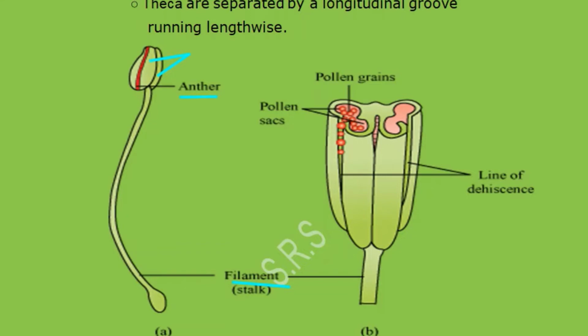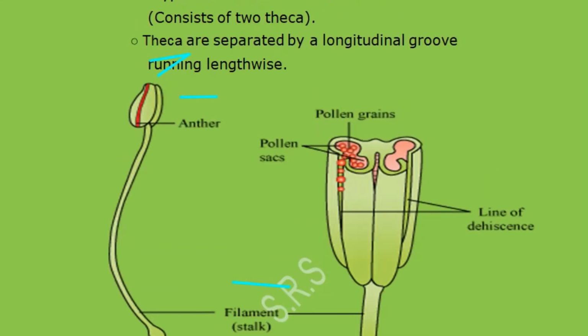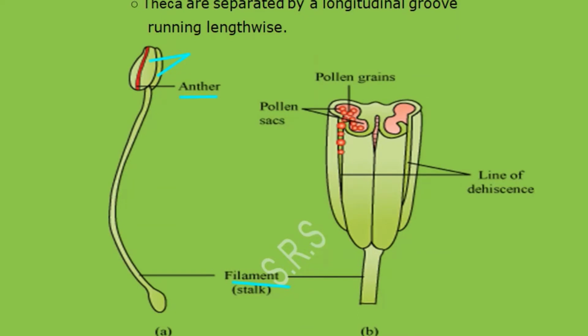And then the second thing is the next term, diathecous. What is the meaning of diathecous? Each lobe consists of two theca. That is why it is called diathecous. So a typical anther is bilobed and each lobe is diathecous. Now I'll show you the theca.